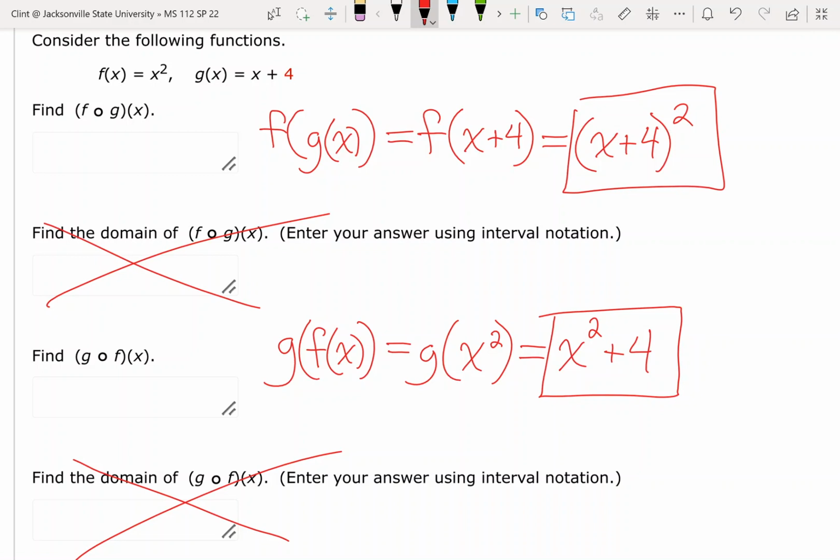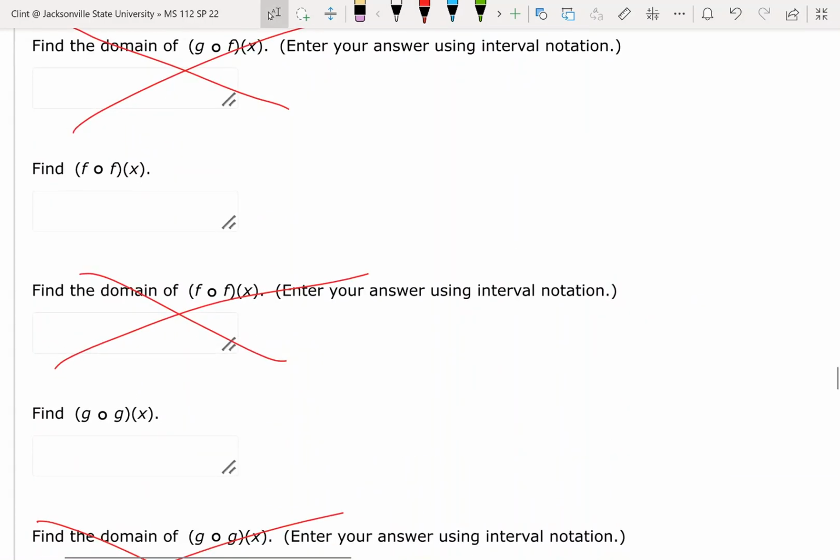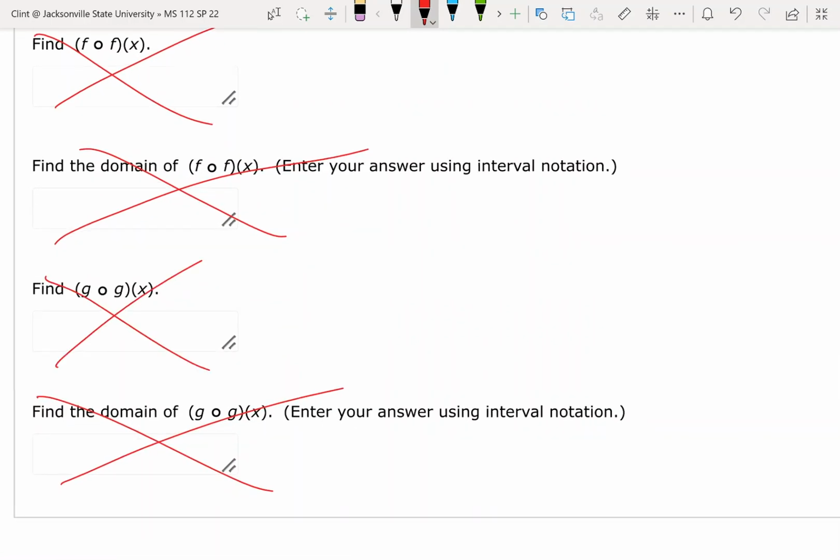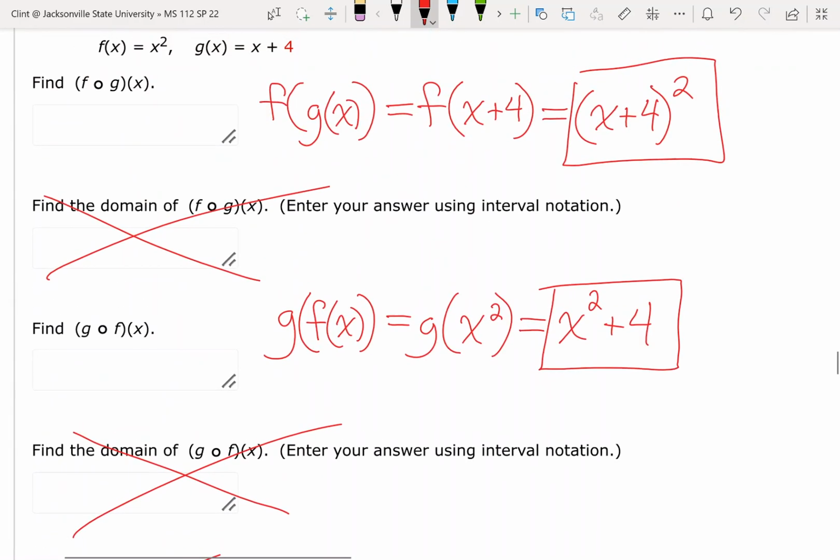Questions? And f of f and g of g, don't worry about those though. It's the same thing, it's just you're doing the same function twice, and it gets a little more confusing. So if you can do the first two, you're in good shape. Do those two.